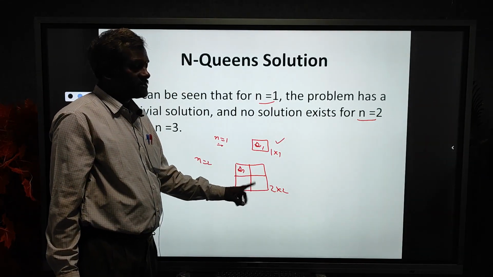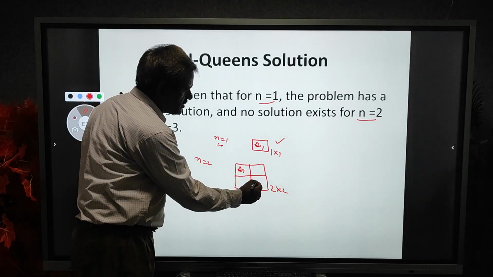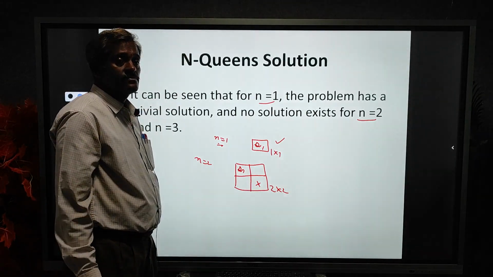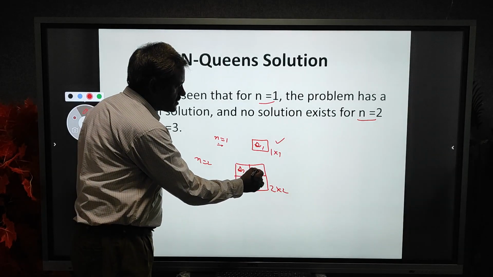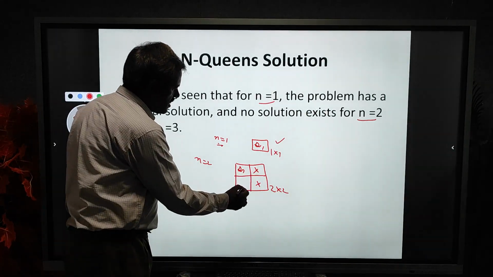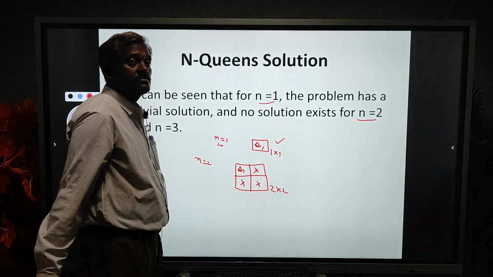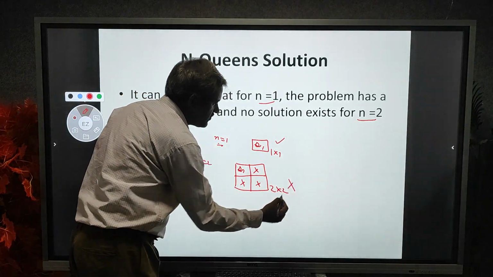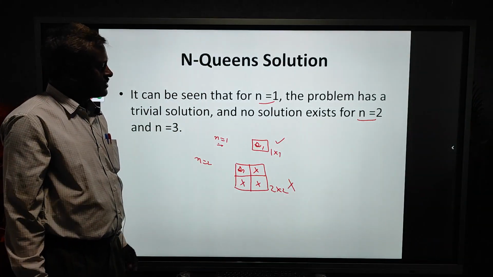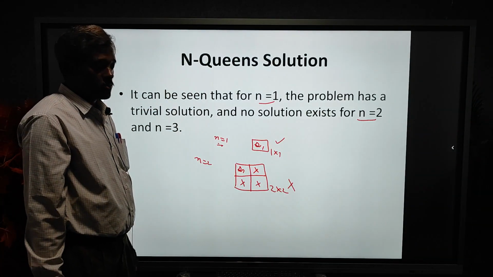I must not place diagonally. That means this position is not possible. Row wise, this position is not possible. Column wise, this position is not possible. So ultimately, this is not a feasible solution for n equal to 2.